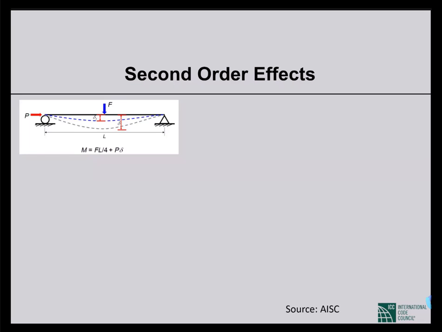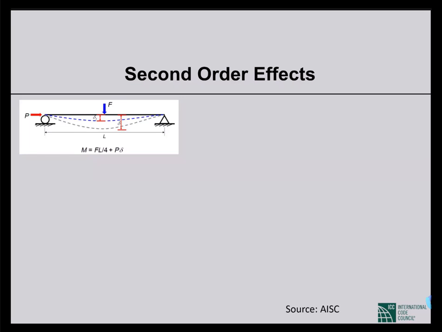But if we consider the deformed shape, due to the application of F there is deflection delta, and the axial force P will introduce an additional amount of moment in the mid span, which will be P delta 1. You know that for calculation of deflection we need the moment diagram.